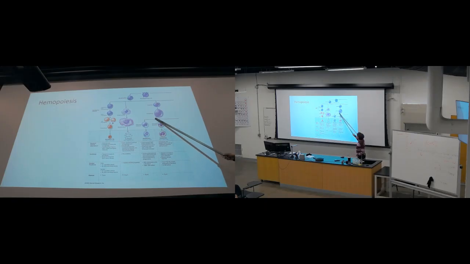For neutrophils, they come from a promyelocyte, and when they're young, they're called band cell neutrophils, and they have granules and a segmented nucleus. Another name for these cells is polymorphonuclear cells, or PMNs, because the nucleus can take many shapes.